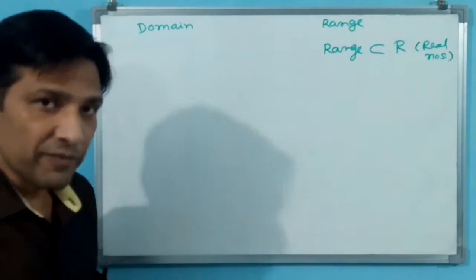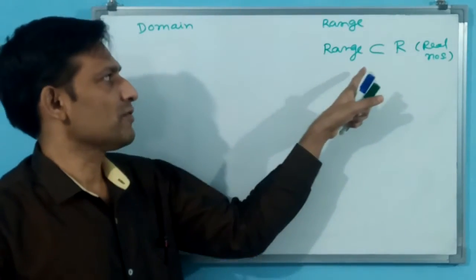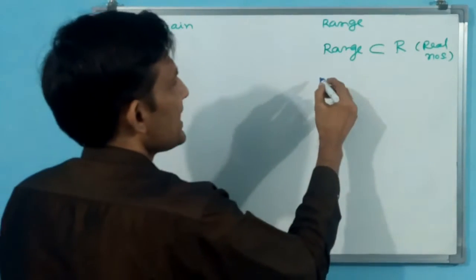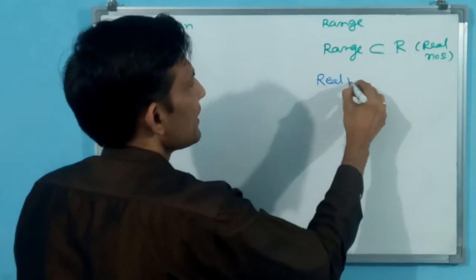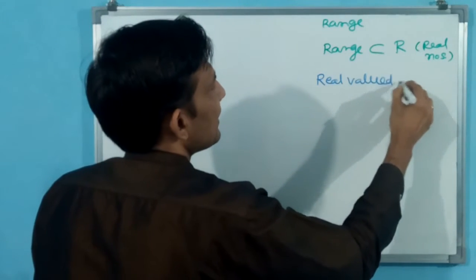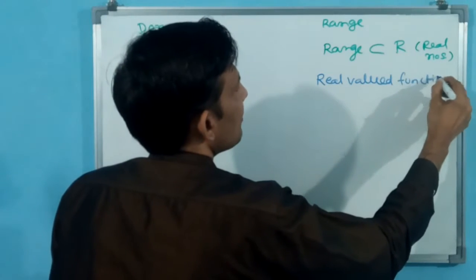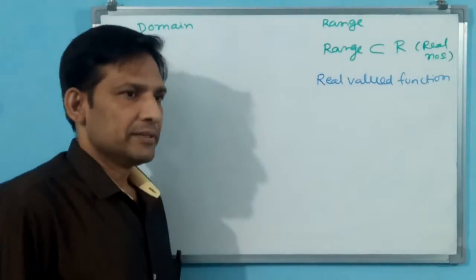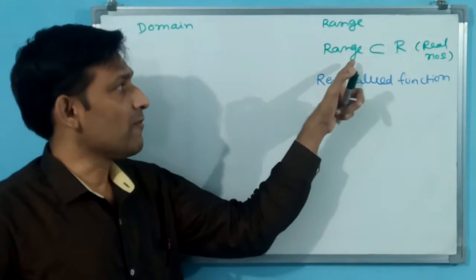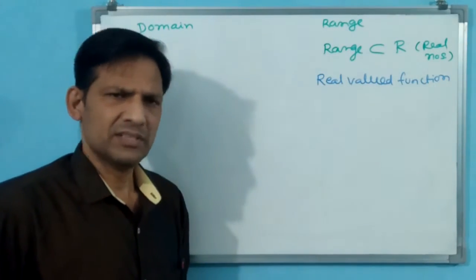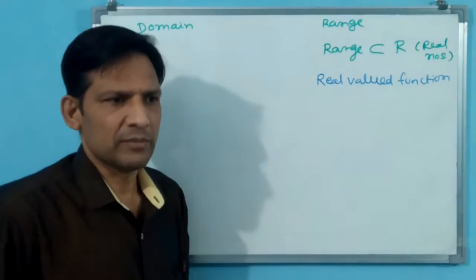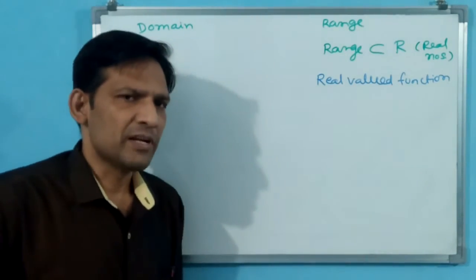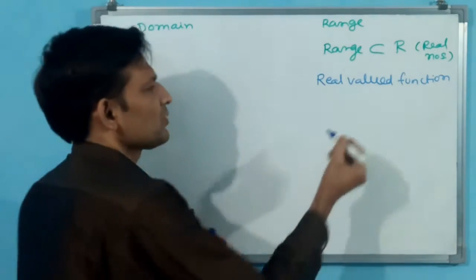Okay, if a function is having range of subset of real numbers, then that function is going to be called as real valued function. Understand? If your function is having range of subset of real numbers, what are subsets of real numbers? Natural numbers, whole numbers, integers, rational numbers. These are the subsets of real numbers.